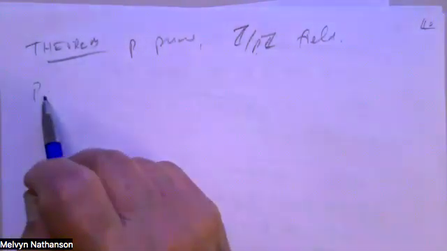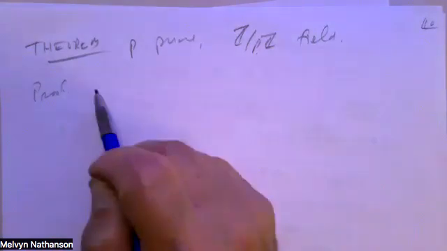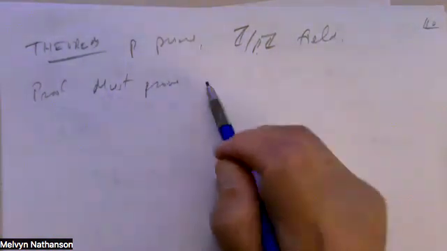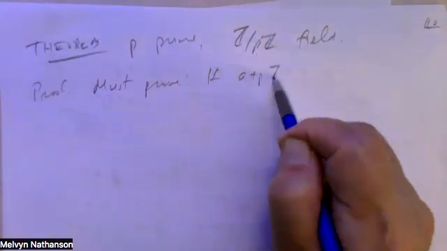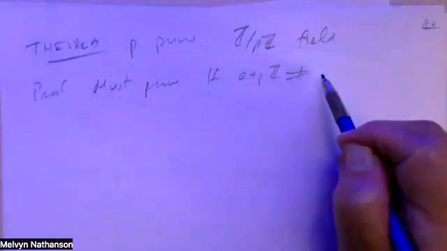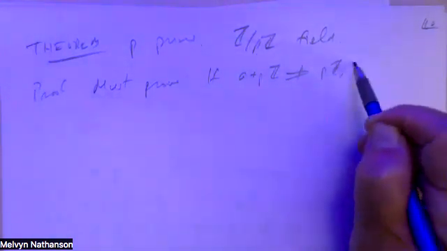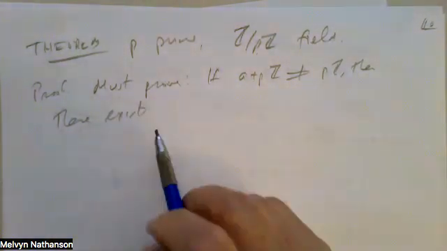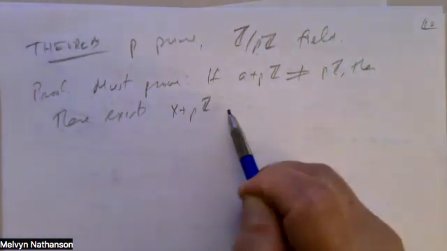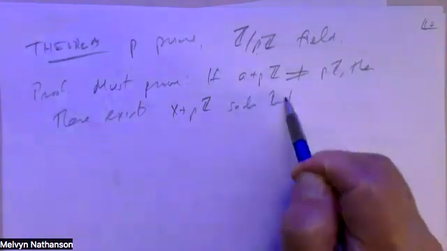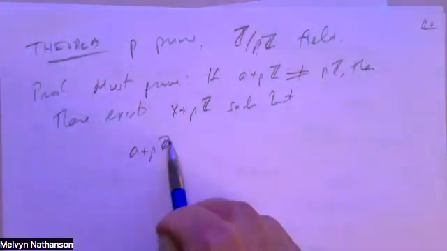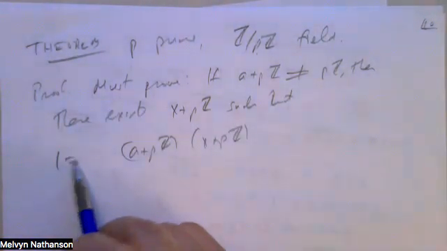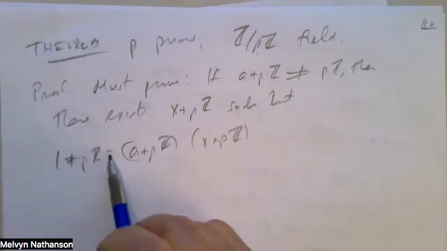So proof. We must prove that if A plus PZ is a congruence class different from the zero class, then there exists a congruence class X plus PZ such that if I take A plus PZ times X plus PZ, this is the congruence class of 1.